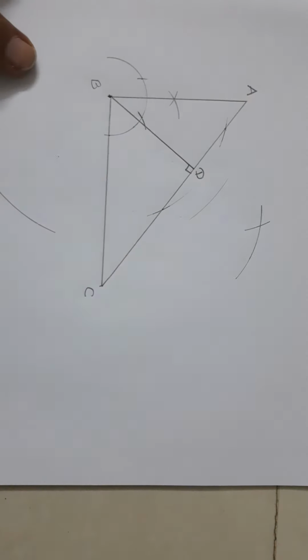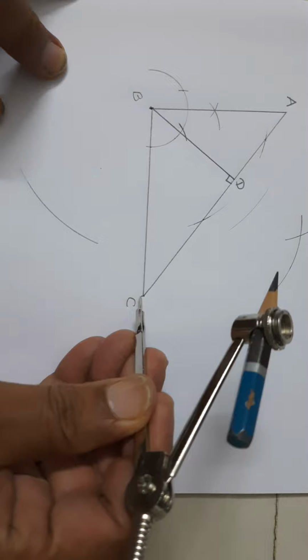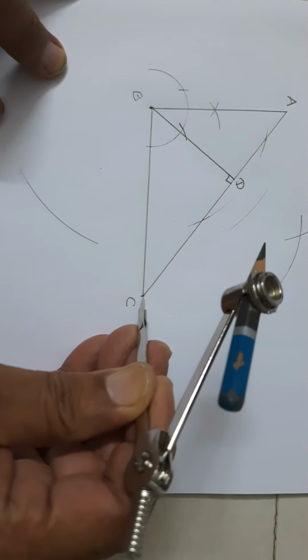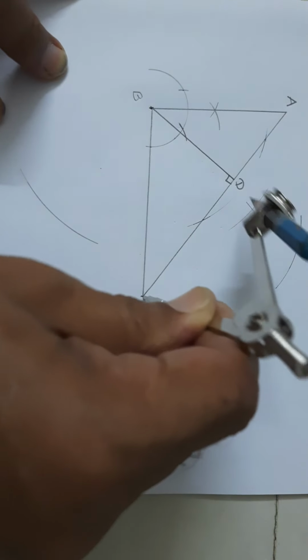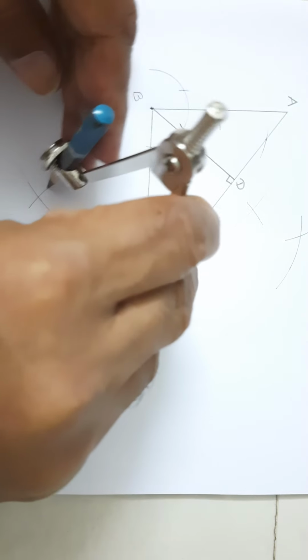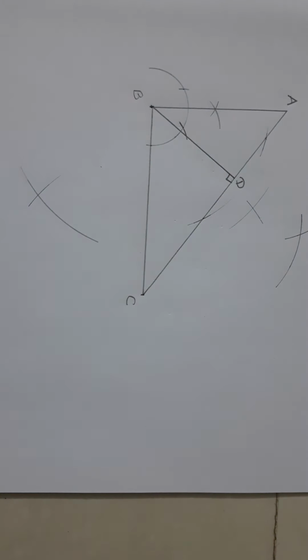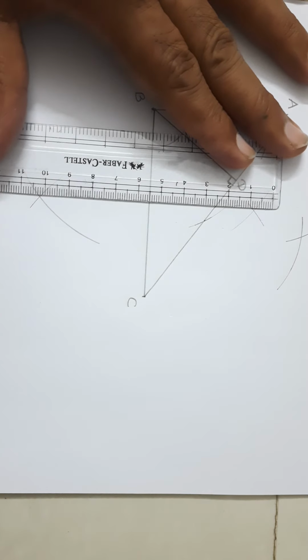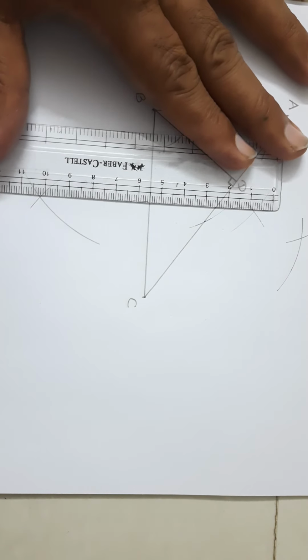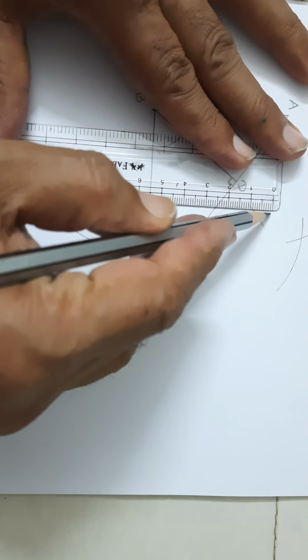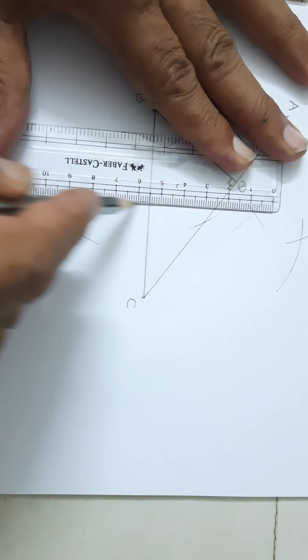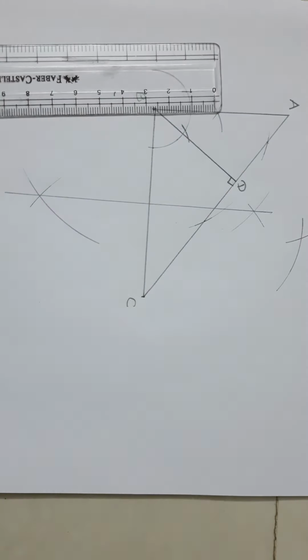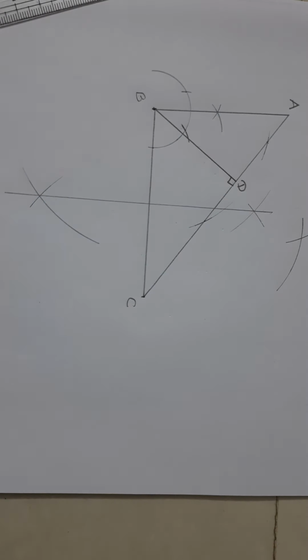Similarly from C, here one, there one. Let's draw this. There are going to be too many arcs in this figure, so see that you do not get mixed up. Yeah, we have drawn this.